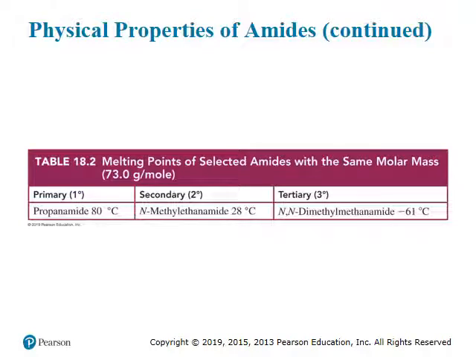Perfect. So this is showing you some examples. Let's try to draw their structures, right? So propanamide would look like 3 carbon amide, CO, NH. Right now, let's fill up hydrogens.